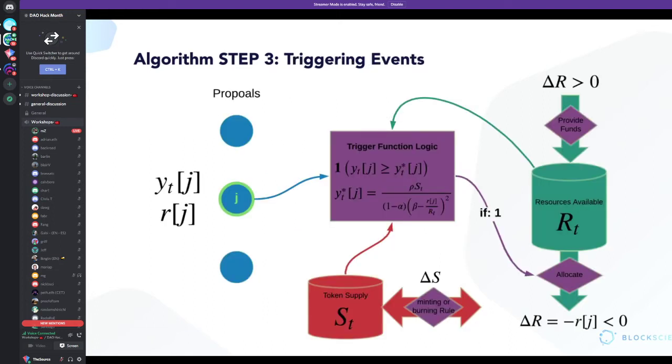This brings us to triggering events, and this is where the complexity that Luke was talking about before arises. Given each proposal has a particular amount of conviction at a particular time, and it has a sum of funds requested that was determined when it was proposed, then there's this trigger function, which evaluates whether or not you have more conviction than the required amount.